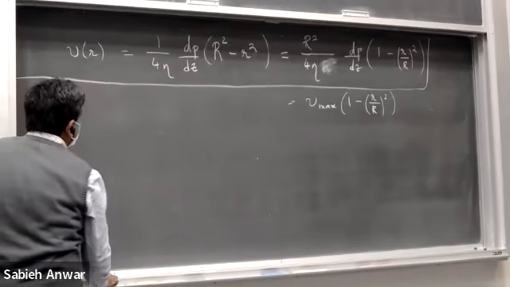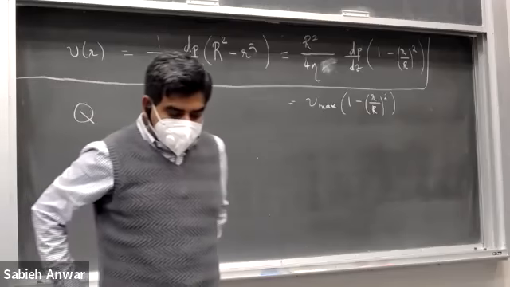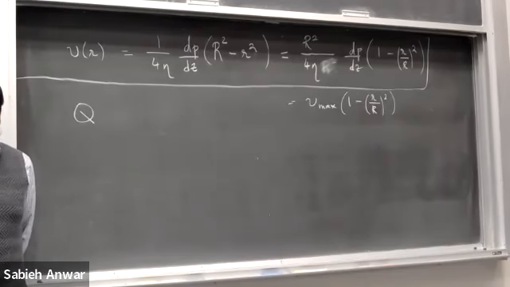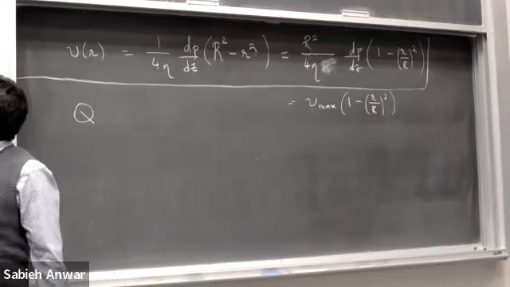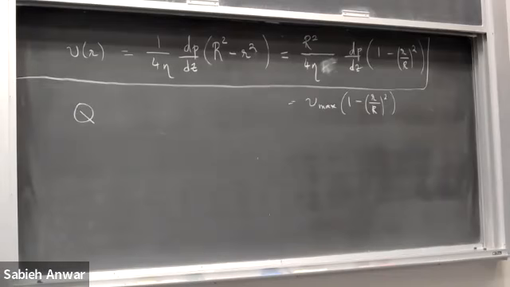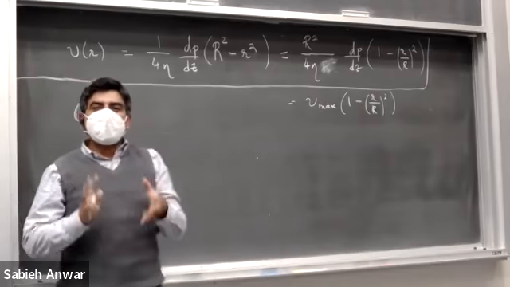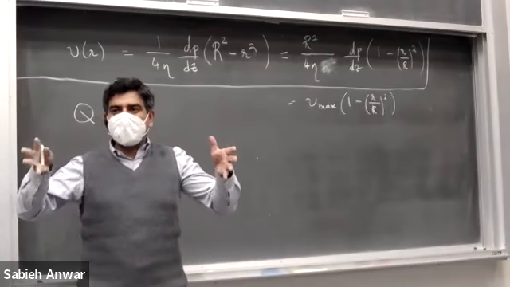Now, how do we find out Q? The total cardiac output, the total flow, how much blood flows per unit time. Looking at the geometry that we have over here, is it possible to find the volume of the parcel of fluid flowing per unit time?